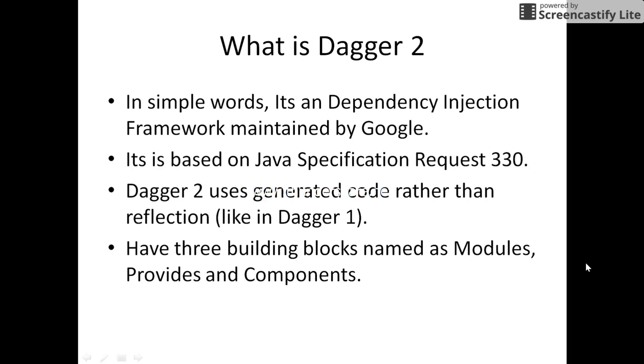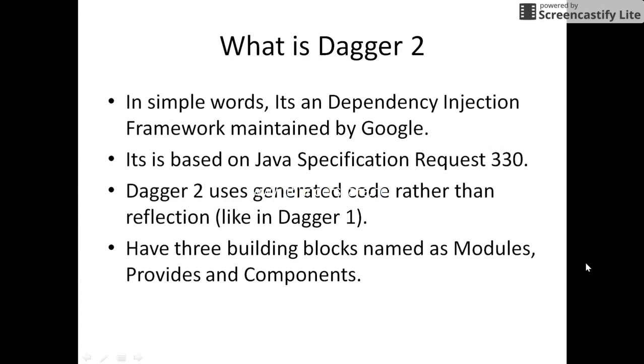So if you are familiar with Dagger 1 and have already implemented it in Android, you should know that it was using reflection, and they had some drawbacks that made the application slow. So now they have come with annotation processors in Dagger 2 that improve the overall functioning of dependency injection.